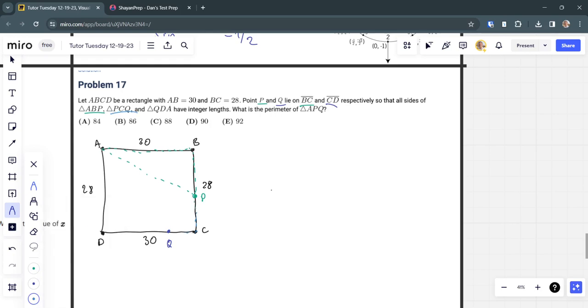PCQ and QDA, Q to D to A, all have integer lengths. Integer lengths, right? I don't know, guys.